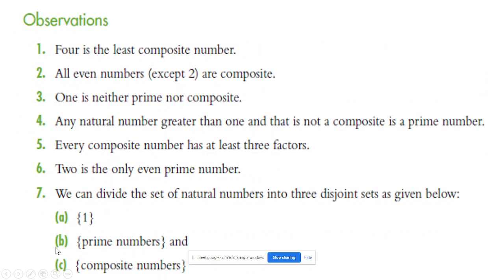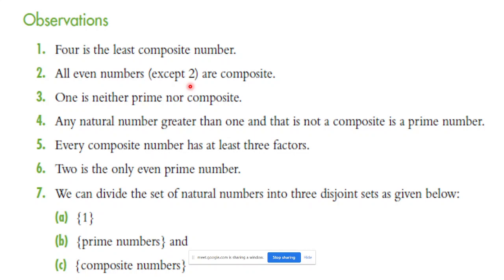Now come to the observations. We can observe these following points. What is the first point here? See, 4 is the least composite number. And the second one, all even numbers are composite except 2. Even though 2 is an even number, it is not a composite number.